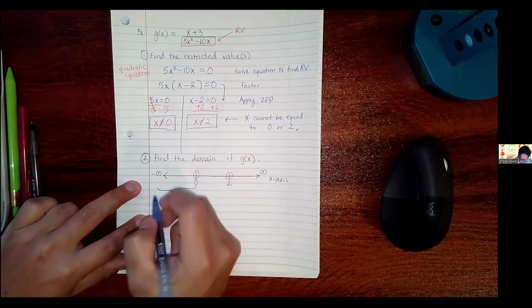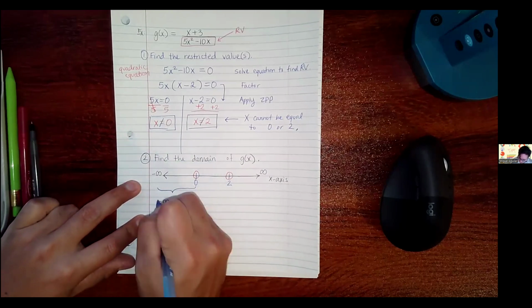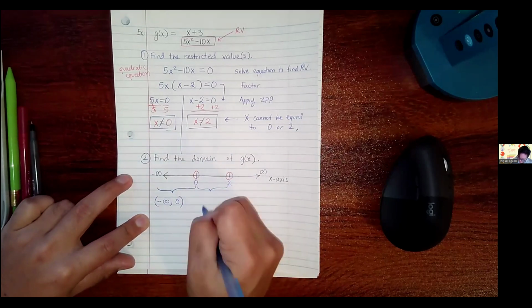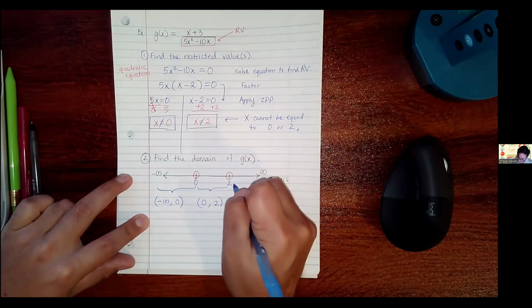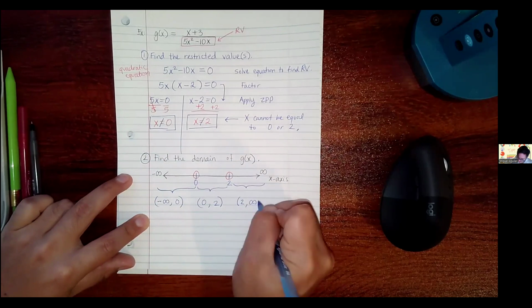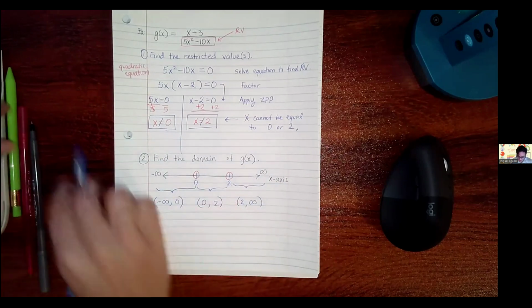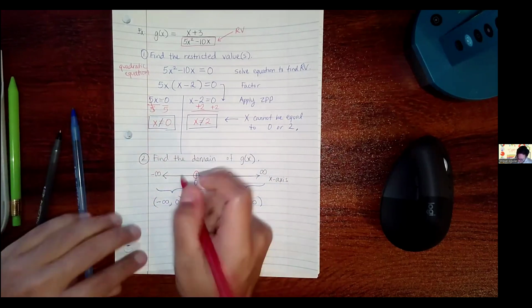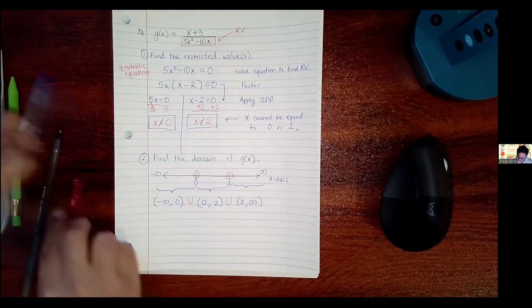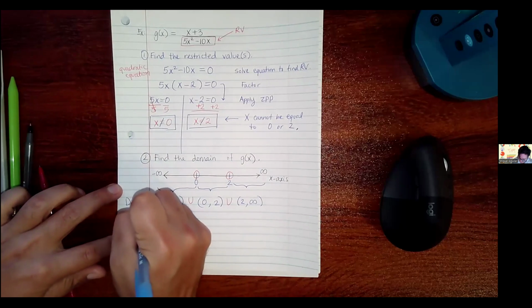The section here goes from negative infinity to 0. The section in the middle goes from 0 to 2. And then the section here from 2 to infinity is our last one. And so if I just put these union symbols in between my segments, that's the domain of this function.